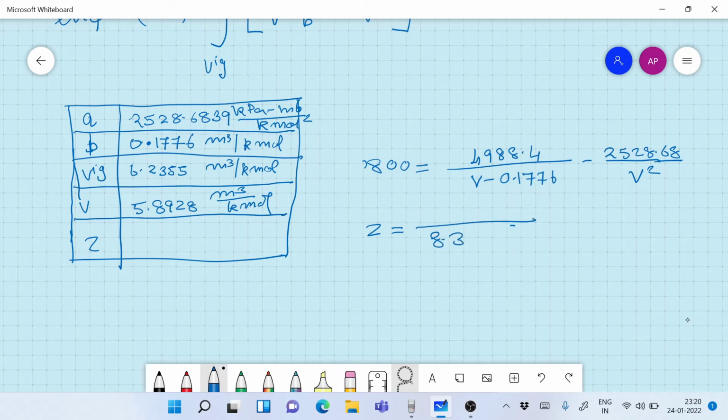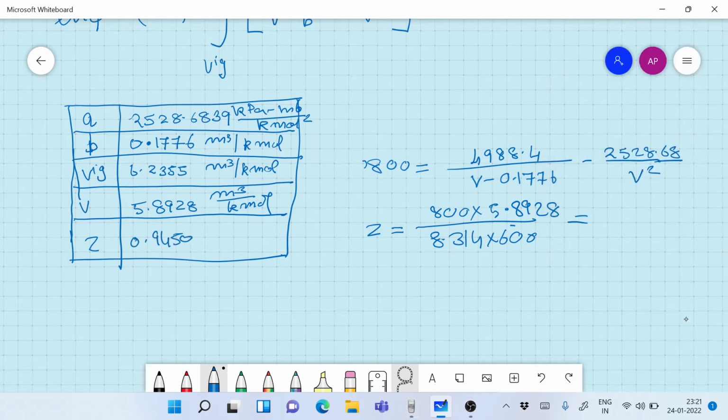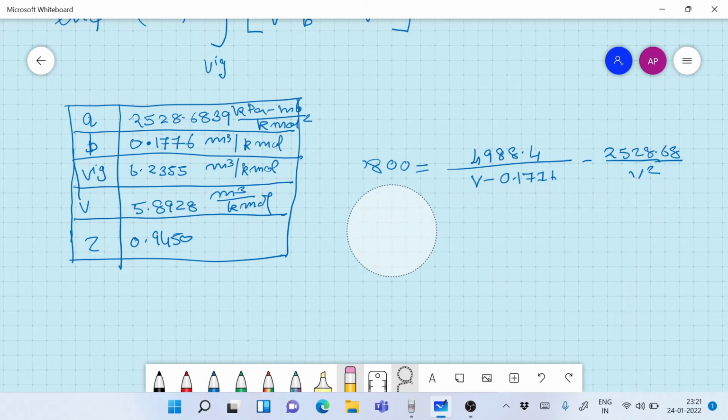So Z is pressure, 800, multiplied by the volume, 5.8928, divided by 8.314 into 600. And that's 0.9450. Now let's rub all this out because we need to do our calculations.